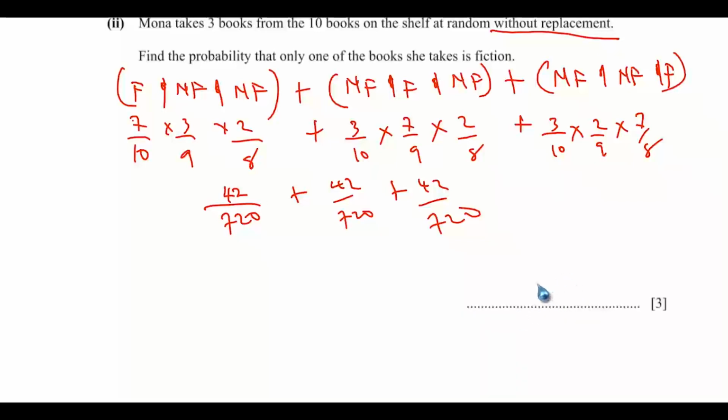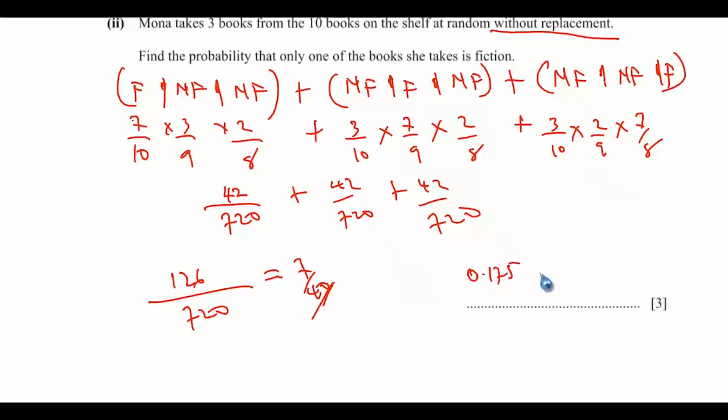Okay, so if you add this together, these three add up to 126 over the common denominator, and this will reduce to 7 over 40. Okay, or as a decimal you can leave it as 0.175, or 7 over 40.